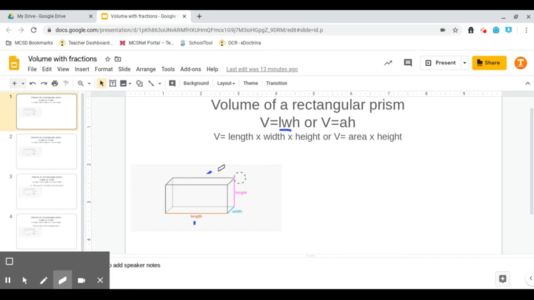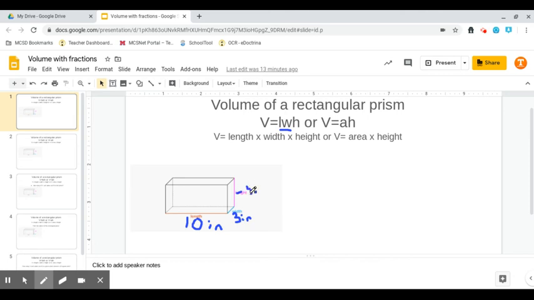Okay, so we're going to do the most basic one first, using volume equals length times width times height. So let's just give some numbers in here for the time being. Let's just say that this is 10 inches. This width is 3 inches.